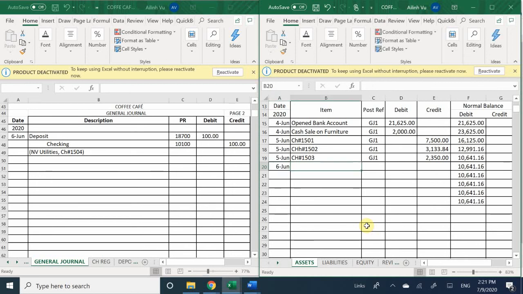So I'm going to indicate check number 1504, and my reference is general journal number 2, and I wrote a check, so it's gone. So I now have how much in my checking?